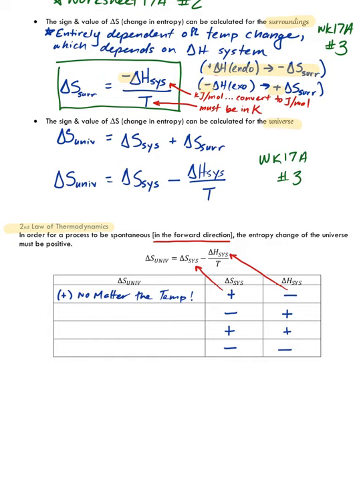If the delta S of the system is negative and the delta H of the system is positive, we end up with a negative minus something, which only makes it more negative. So this has to be a negative delta S of the universe, and so it will be non-spontaneous no matter what the temperature.